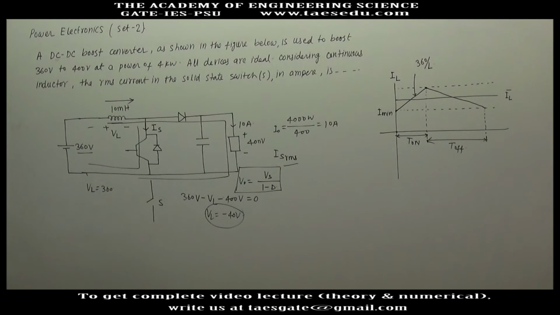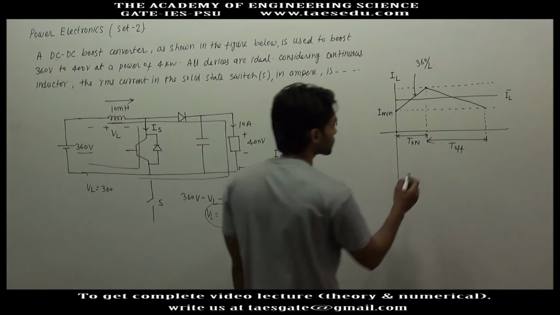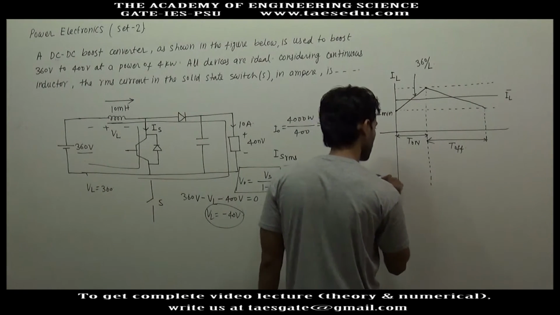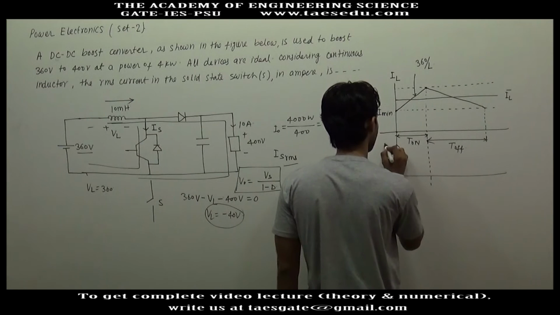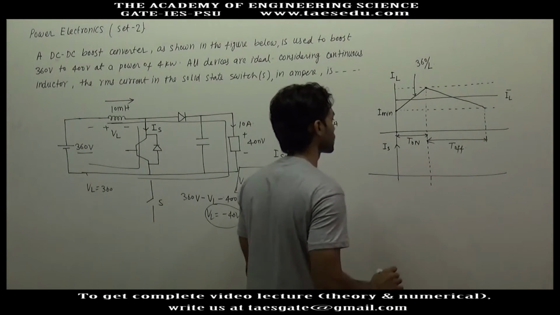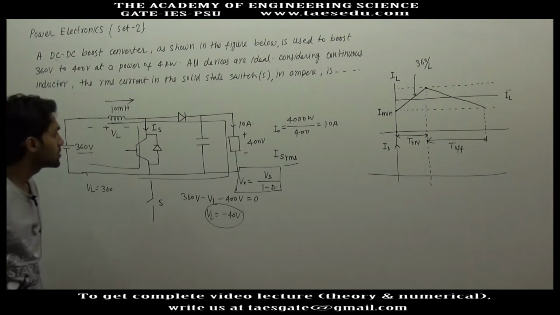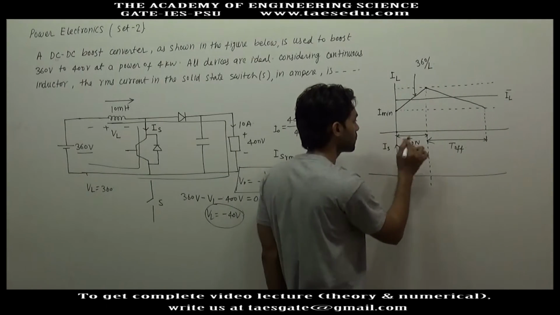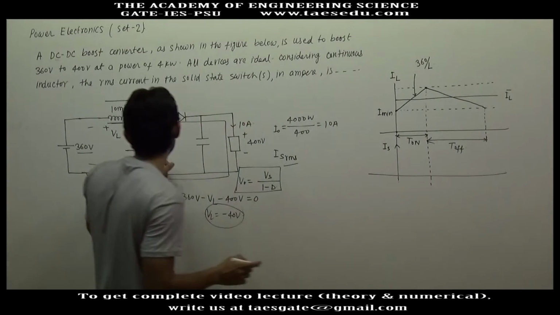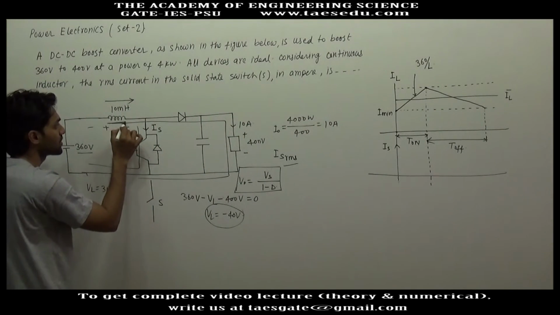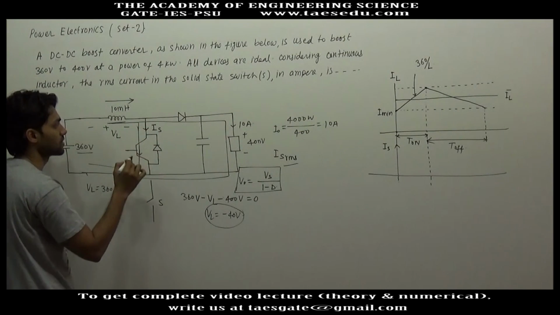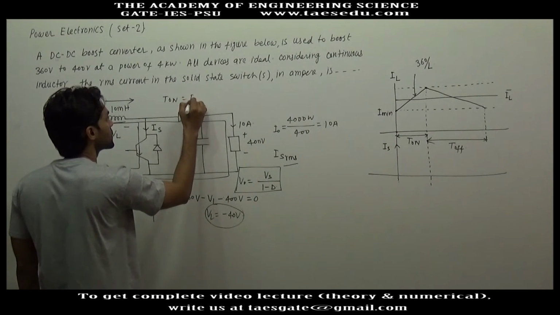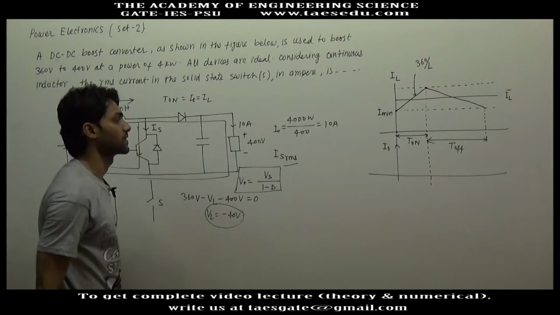Now if you are interested in drawing the graph of switch current IS, the current will flow through the switch only when the switch is connected, for the duration of T on. And when the switch is connected, the inductor current takes the path of the switch only. So during T on, the switch current is nothing but the inductor current.